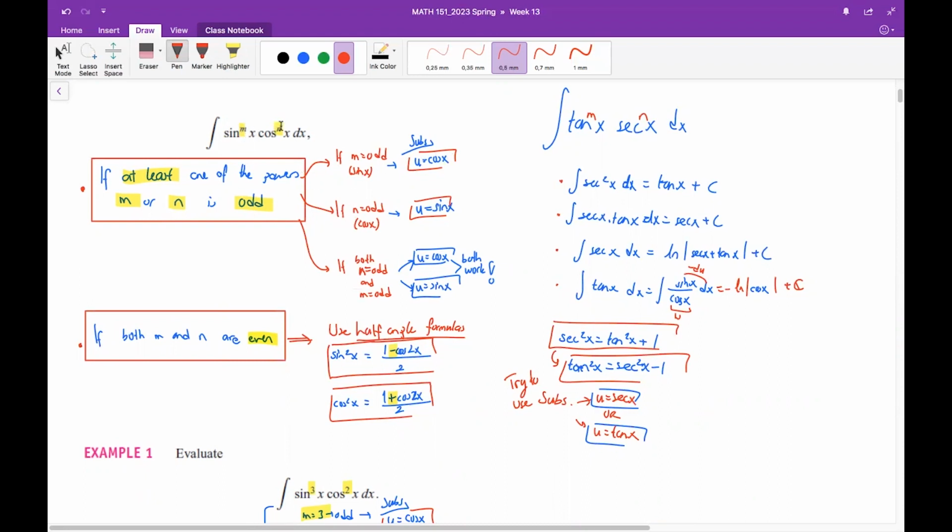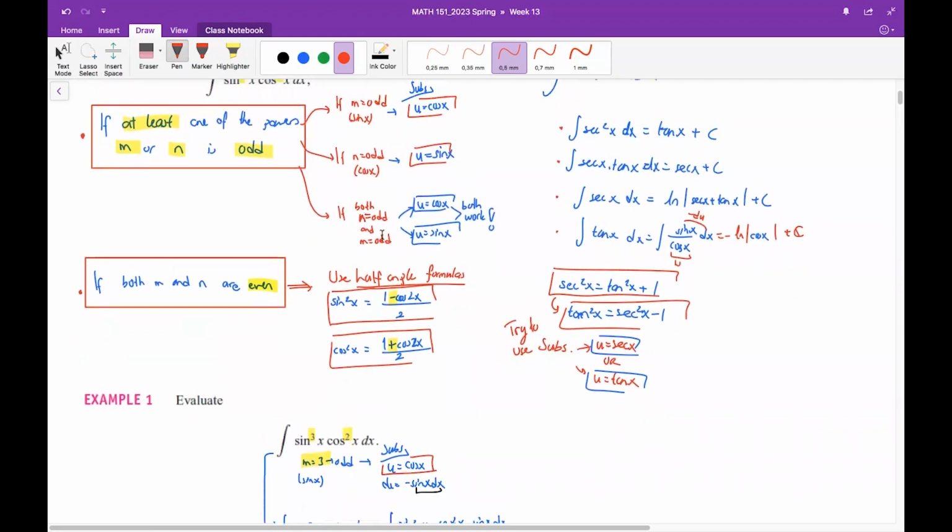If the power of cosine is odd, then you will choose the other function as your substitution. These substitutions are fixed depending on the power and they work for sure. And the last case is if both powers are odd, then either substitution will work, either cosine x or sine x. Both substitutions will work.